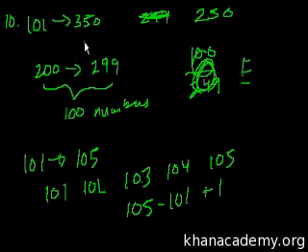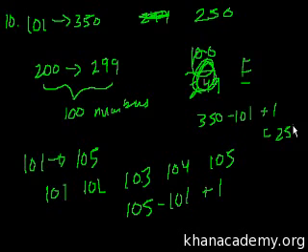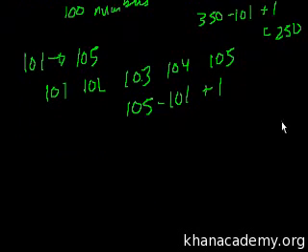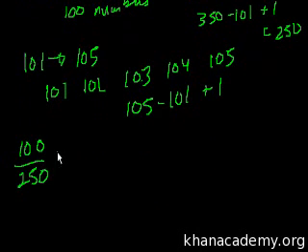So similarly, the number we can pick from is going to be 350 minus 101 plus 1, which is equal to 250. So out of the bag of 250, 100 numbers satisfy it. So we have a 100 in 250 chance of picking the right number. And if we divide the top and the bottom by 50, that's the greatest common divisor, we get 2 over 5. And that is choice A.